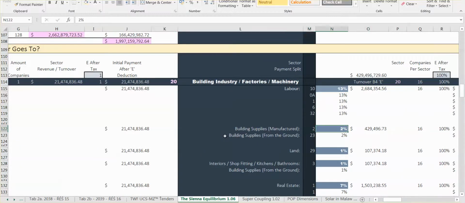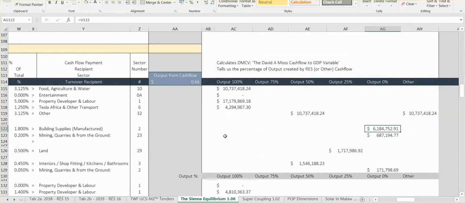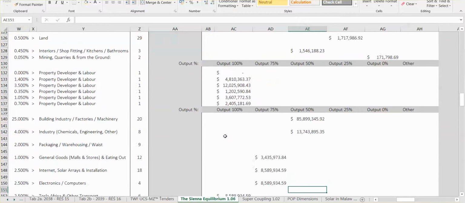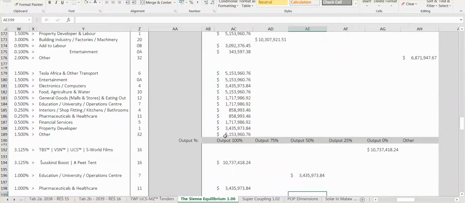Building supplies manufactured. We can see here, this is output 0, because this is all being a part of something else that is to be made. Mining, same thing. And we can see we go through all of the different options. I've assigned each a different output.